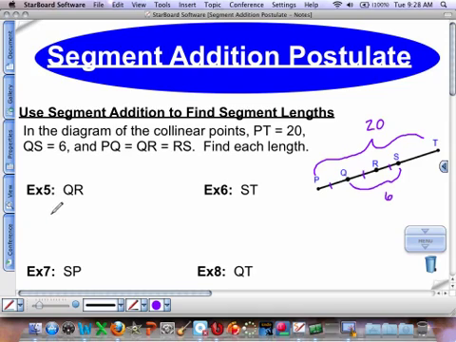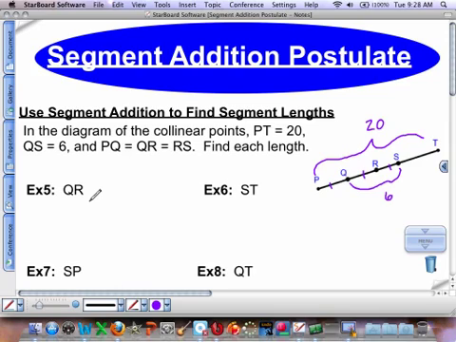So if I'm solving for QR, what parts can I add together that would help me solve for QR? Danny? Suhei, looks like you're thinking over there.